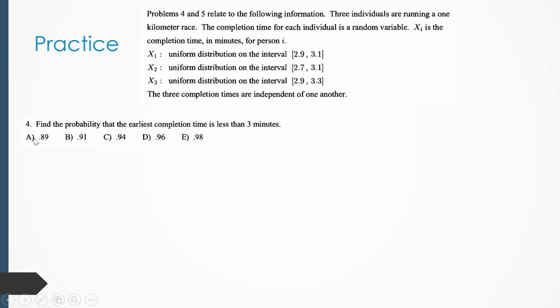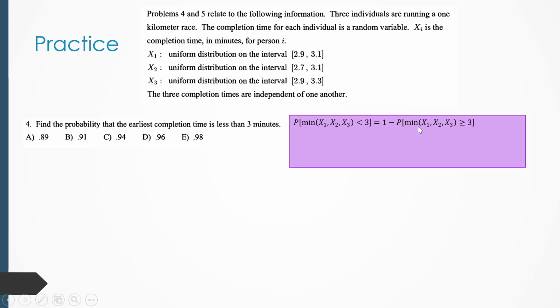Question number 4, find the probability that the earliest completion time is less than 3 minutes. So here we have the minimum of X1, X2, X3 is less than 3. Whenever you work with a minimum, before you find the probability, I suggest you use the complement rule. So the probability that the minimum is less than 3 is basically 1 minus the probability that the minimum is greater than 3.